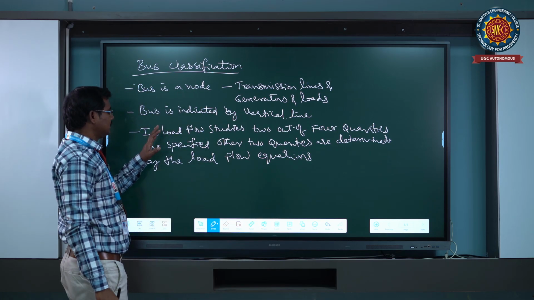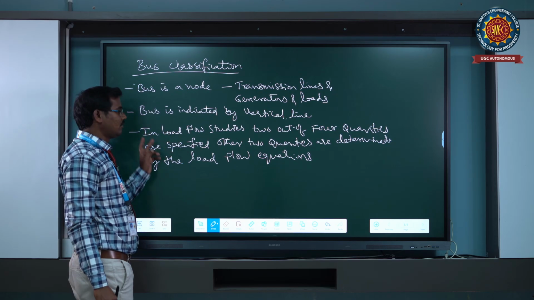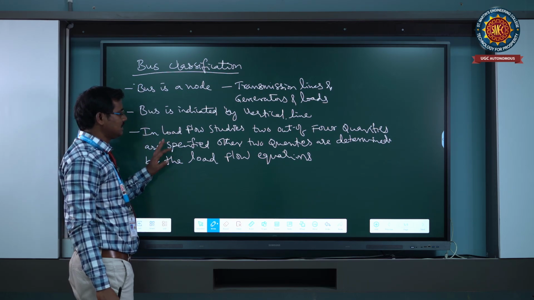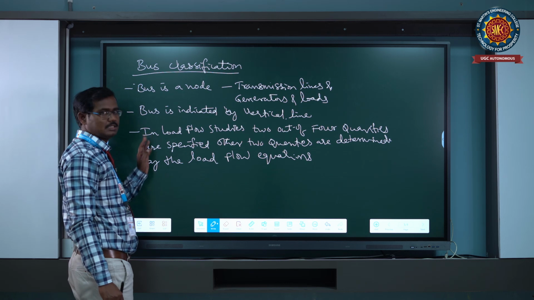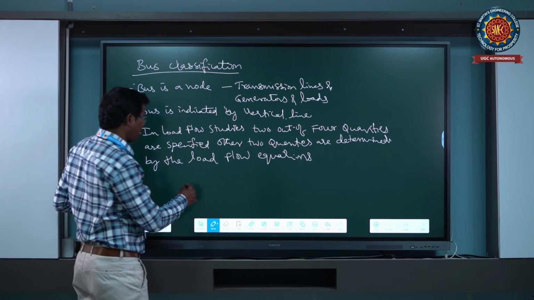That's why there are four quantities in load flow studies. Two quantities are specified in the system, and the other two are determined by the load flow equations.